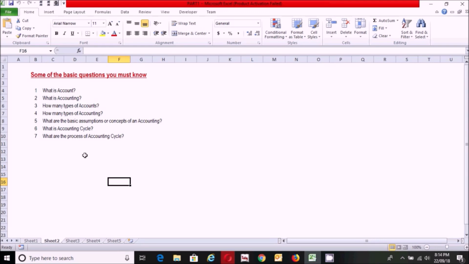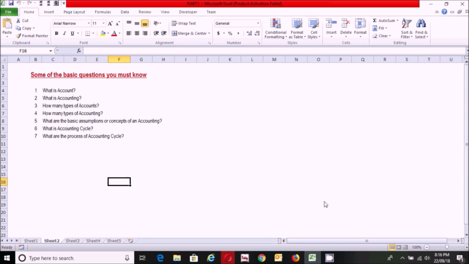Internal users means the BOD, management of the company, employees, staff, etc. And the external users could be stakeholders, government agencies, bondholders, brokers, and other external users.